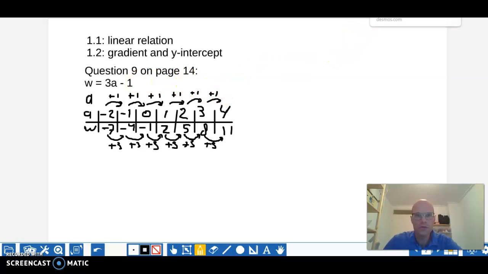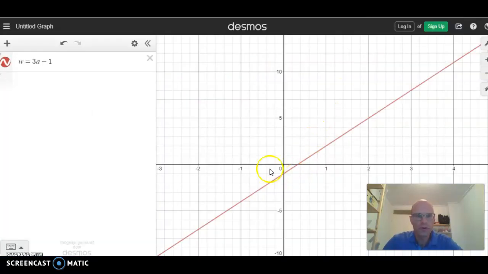I want to go a little bit further. Over here I have written down the formula, and from the formula you can see if it's a rising, falling or horizontal line. Right now the gradient, or the number before the variable, is a positive number. So the 3 is positive and it goes up, so it's a rising line.